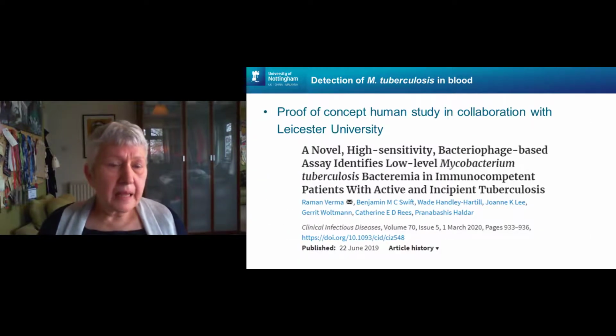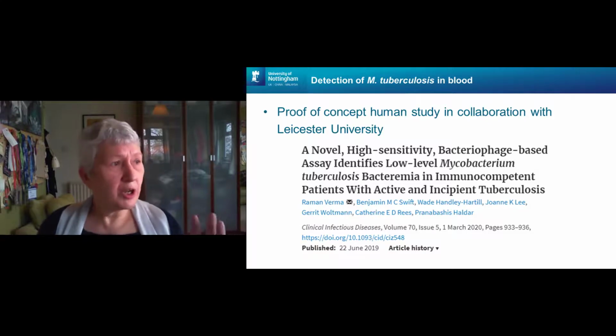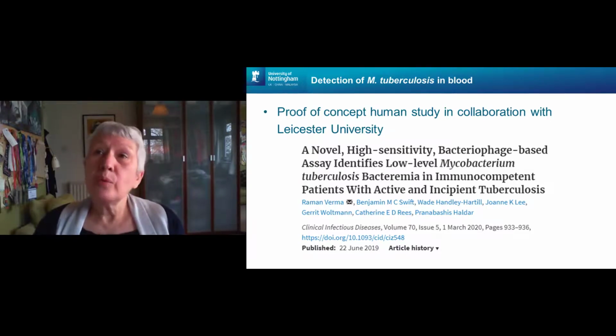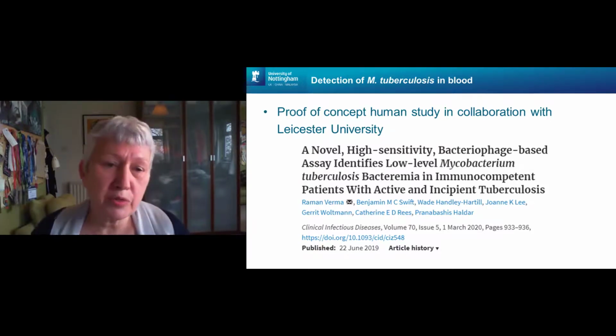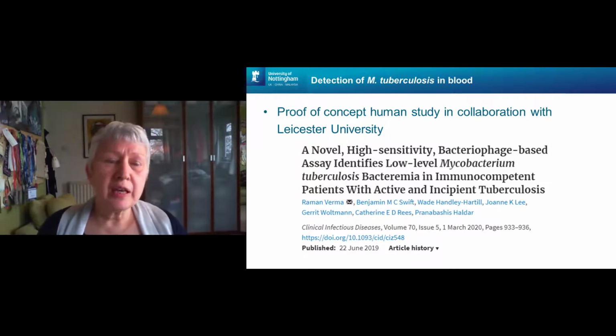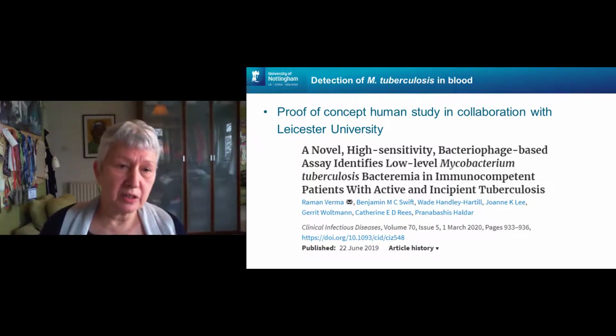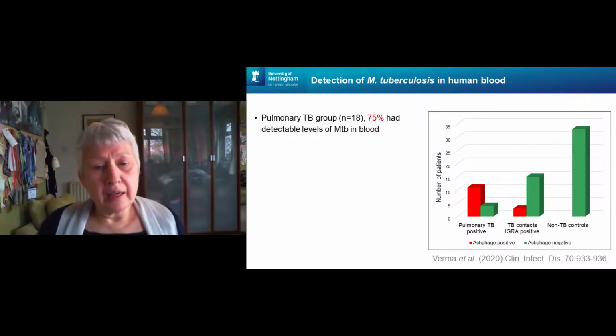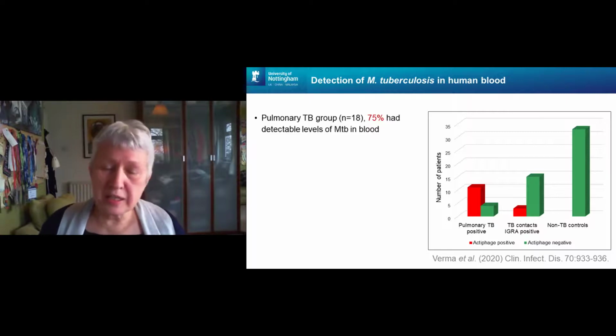Okay, so we'd move from paratuberculosis to bovine tuberculosis in blood, which then moves us to the most recent studies we've been doing in collaboration with Leicester University, looking for TB in the blood of humans. So in the clinic, they signed up volunteers to have blood tests taken.